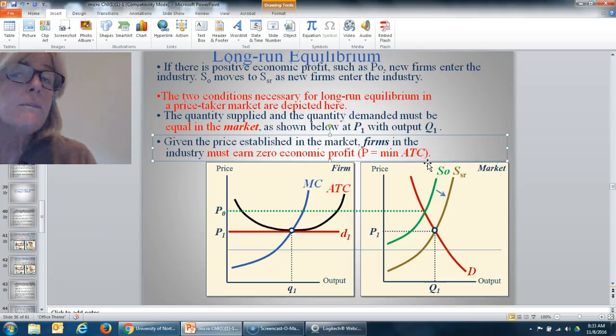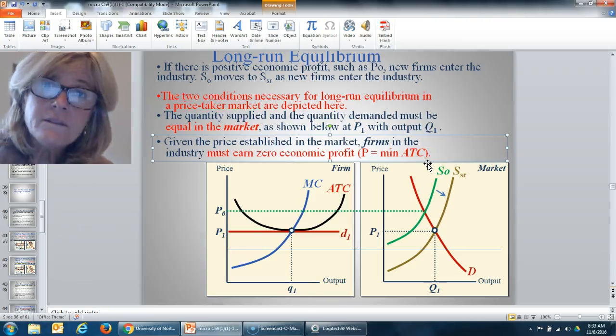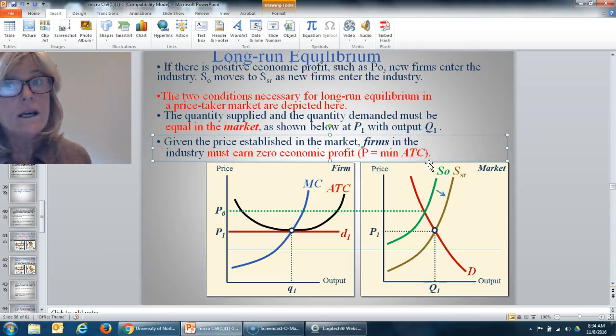So whether you're earning positive profits, new firms enter, prices go down. If you're earning negative economic profits, if your price is below your average total cost, this can't exist in the long run. It's fine in the short run for a short time period, but in the long run, it doesn't exist. You can't have losses in the long run. You can't continually lose fixed costs even in the long run. So if you're having losses, then some firms are going to leave and supply shifts left in the whole market and prices rise to this point.